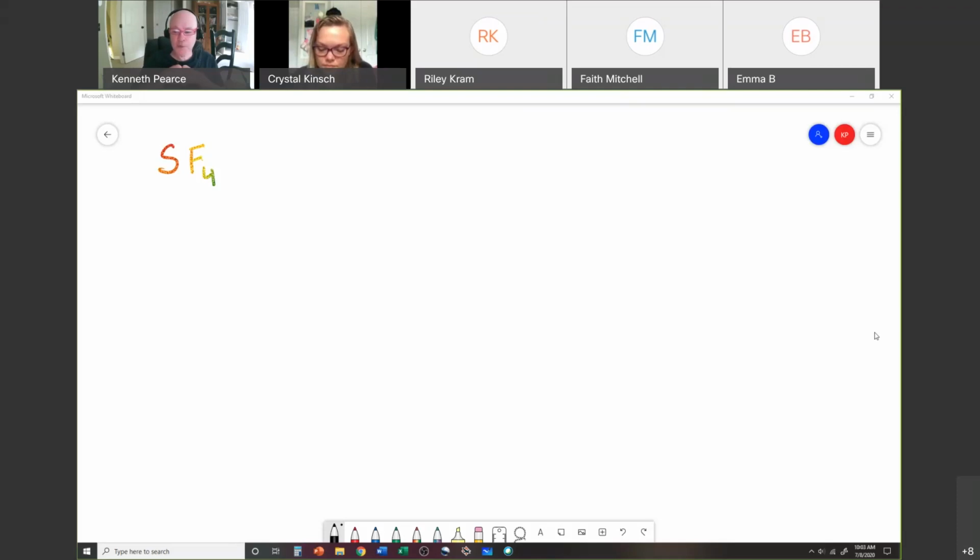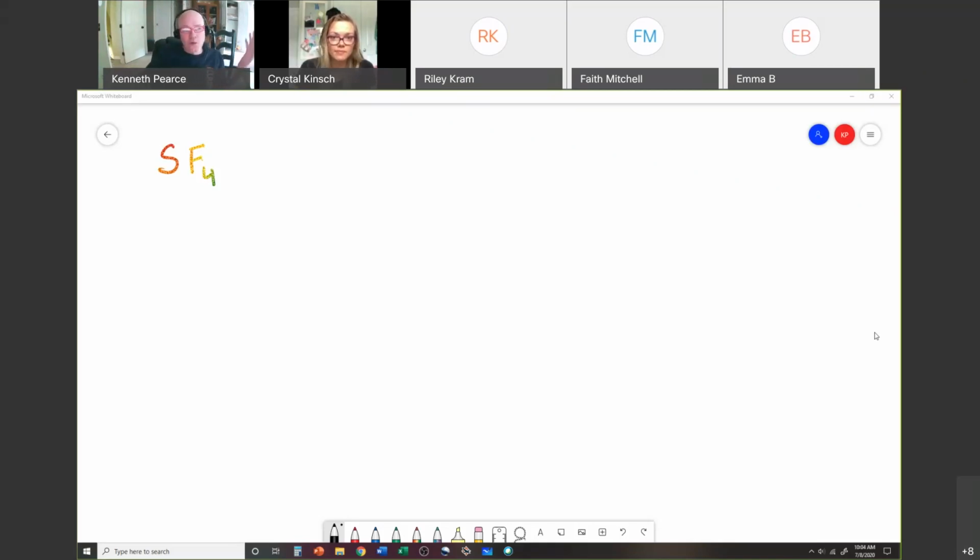Between chapters 8 and 9, we'll start with SF4, or CO2, or the bromine tetrafluoride ion, and we will be able to answer a whole bunch of questions off of just this innocent-looking formula. All of this stuff comes from there.